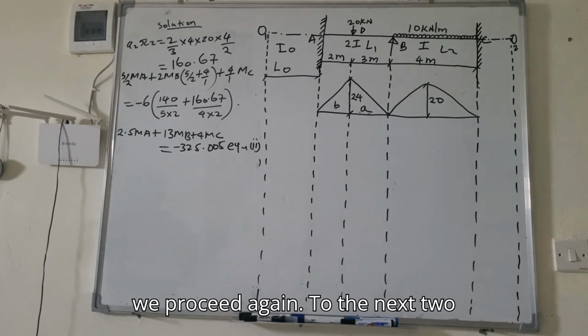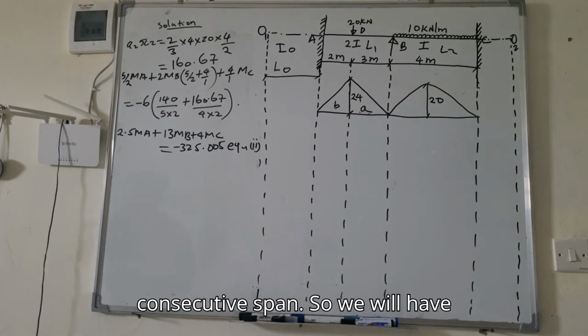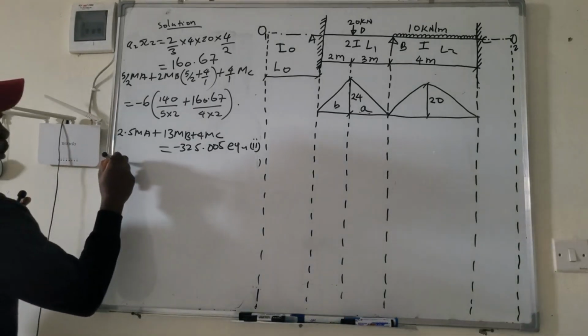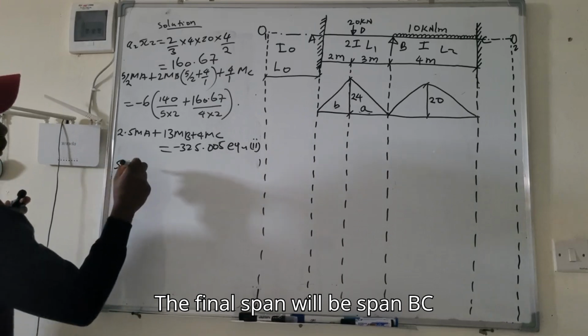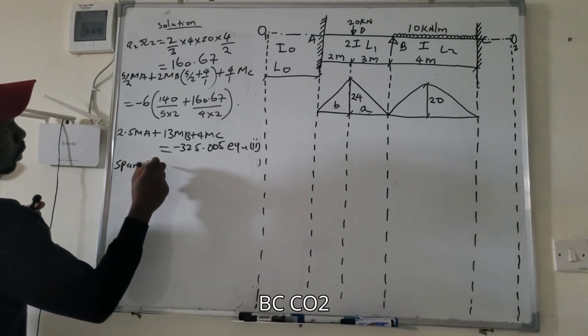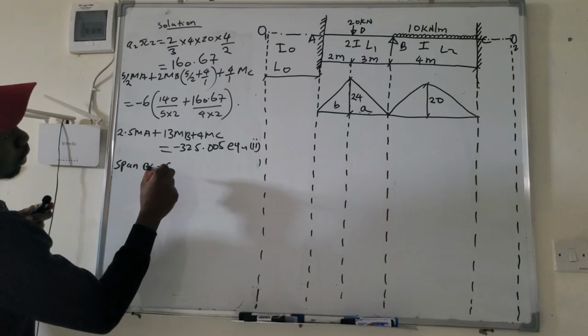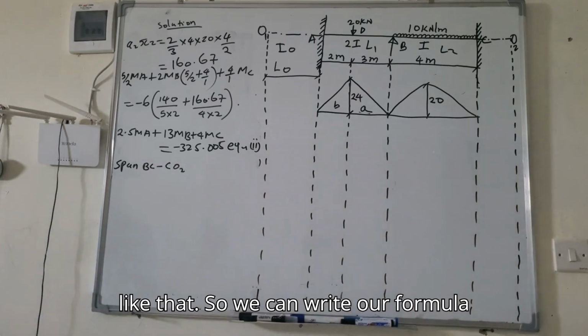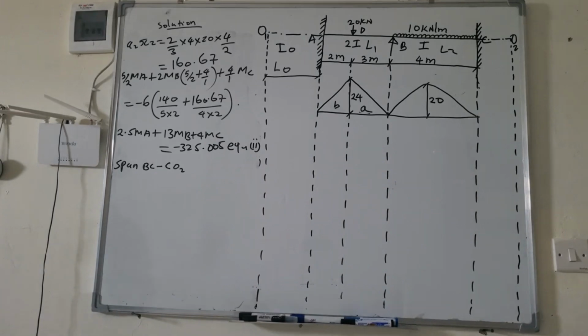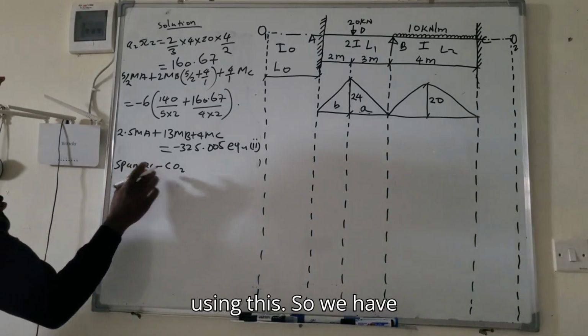We proceed again to the next two consecutive spans. The final span will be span BC, CO2, like that. So we can write our formula using this.